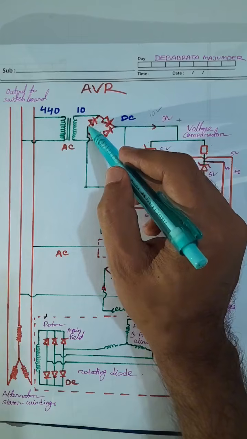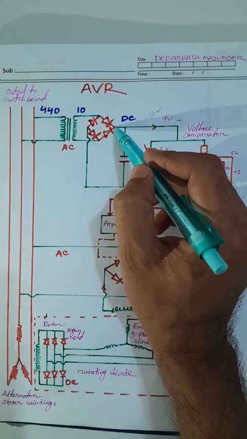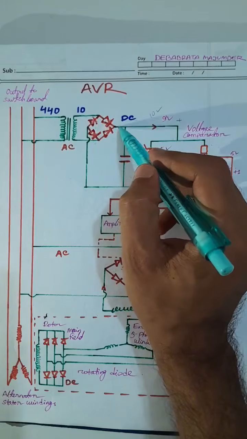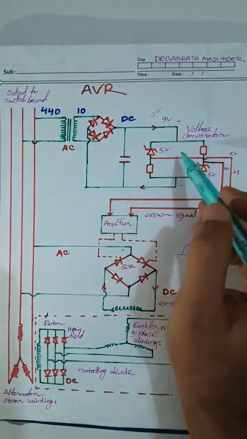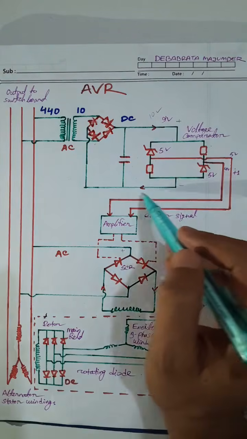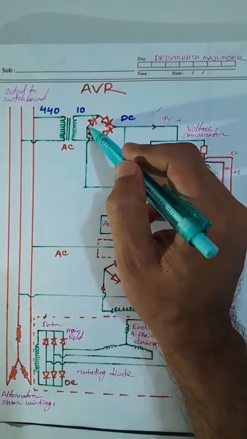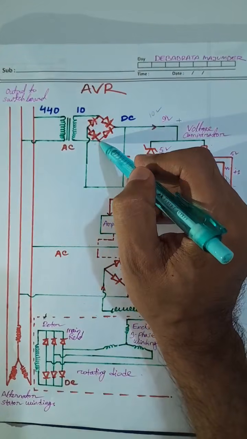From this point it cannot go this way, it flows this way, and from this point it cannot go this way, it flows this way. Then after this voltage comparator it flows again, and from this point it flows to this point.